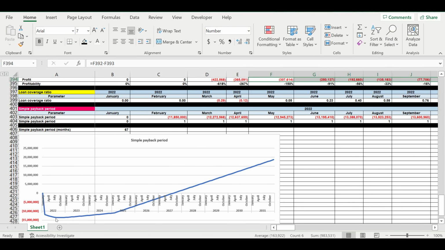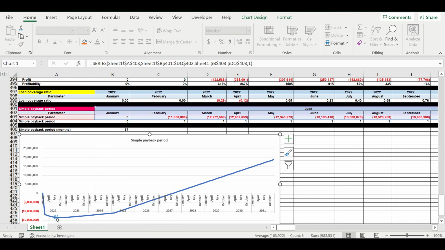And then after this couple of months, when we reach the break-even point, it's somewhere here, the diagram starts going up. As you can see here, there are two periods, this period and this period.